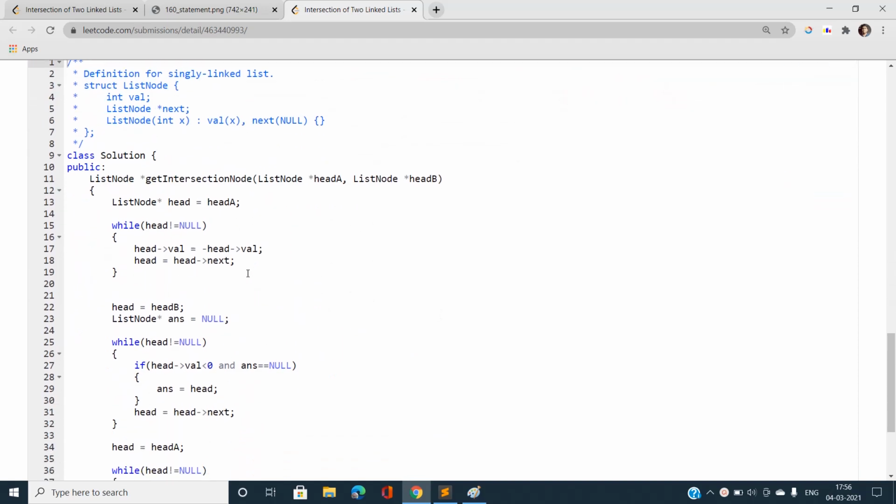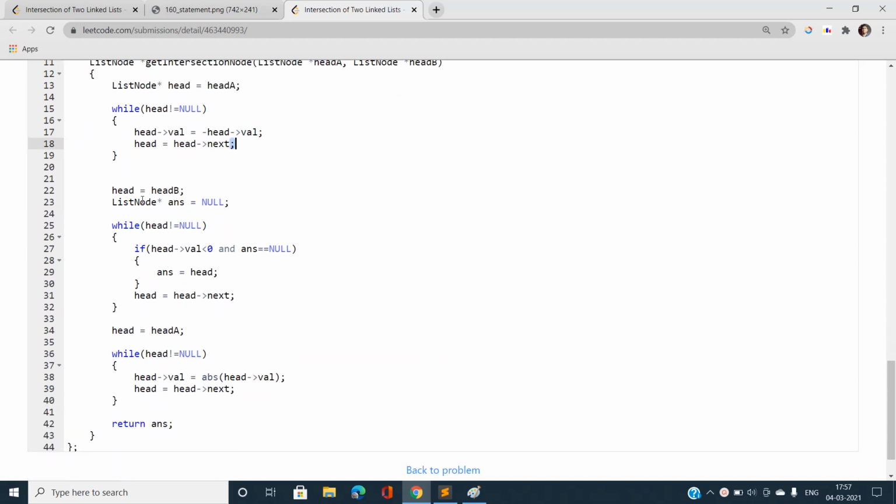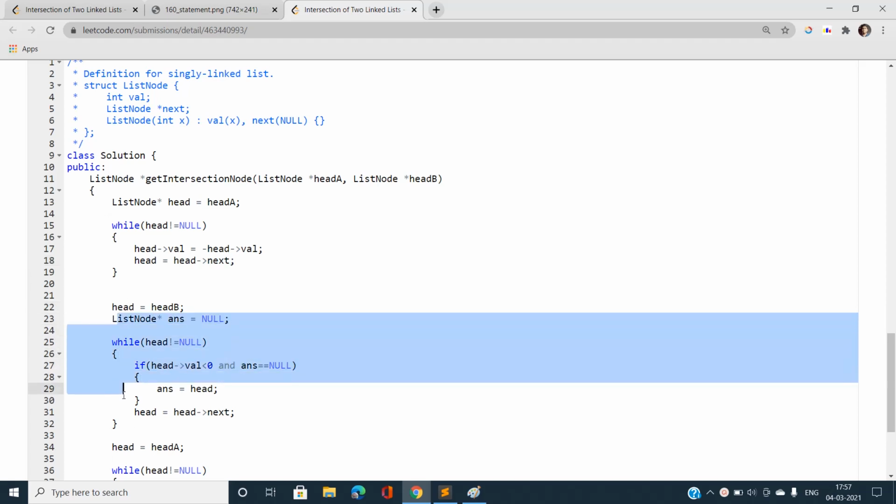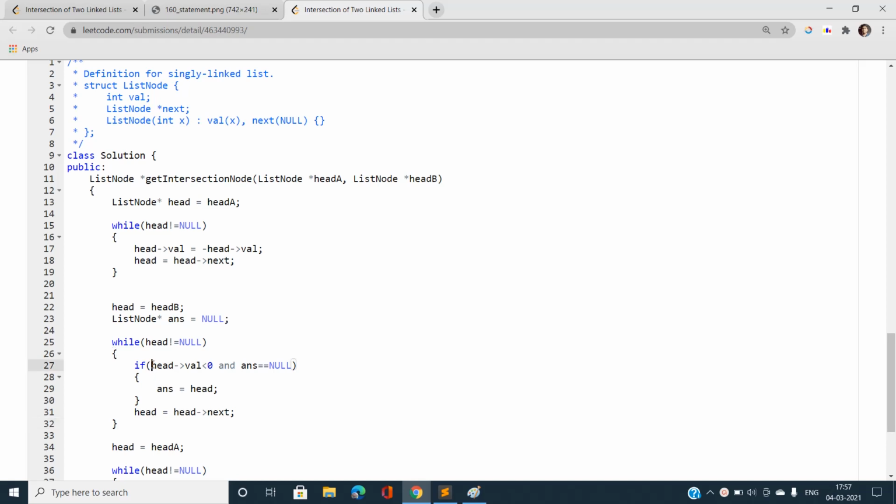What I have done is I have taken a pointer head and assigned it as the head of list A. Now I am going to traverse my linked list A and make all its node values negative, that is negative of head A's val. Now that I have made all the first linked list values negative, I am going to traverse my linked list B, and whenever I find a value that is negative and the answer is null, this means that I have found my first occurrence where the value of my current node is negative. I am going to assign my answer as head, since this should be our intersection point.